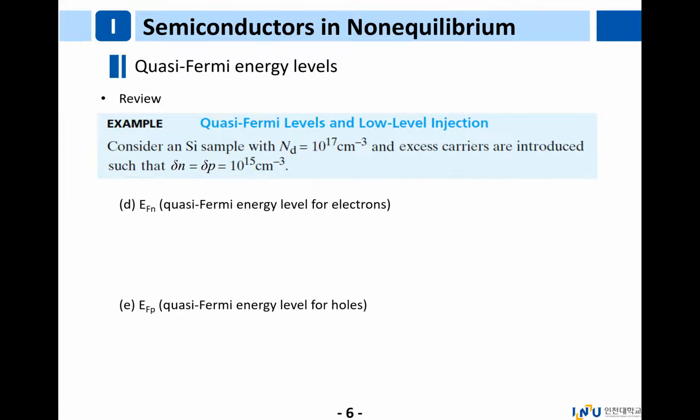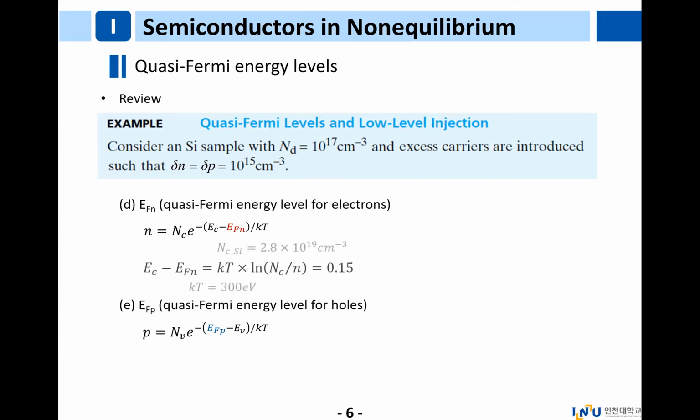Next, when we calculate the quasi-Fermi energy level, we can utilize the previously derived equation with slight modifications. Therefore, we will use the quasi-Fermi level instead of the Fermi level, right? Since we already know kT and C, we can determine EC minus EFN.